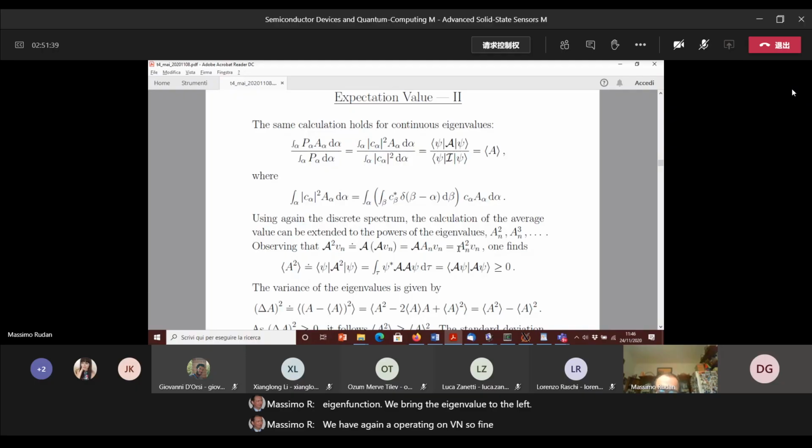So finally, we have the squared eigenvalue times the eigenfunction.